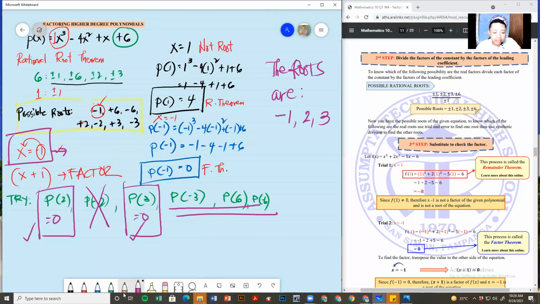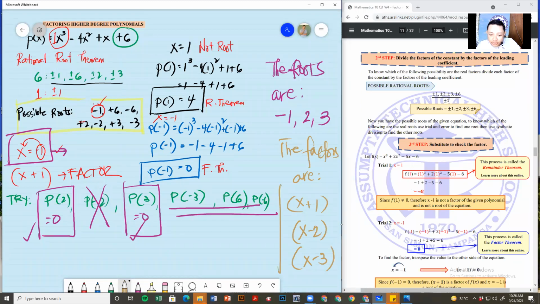But if we will express it in factored form, the factors are, what are the factors? Oh, simple lang. You just have to change the sign and then include it with x. The -1 will be x plus 1. The positive 2 will be x minus 2. And then the positive 3 will be x minus 3. So these are the factors of your polynomial.